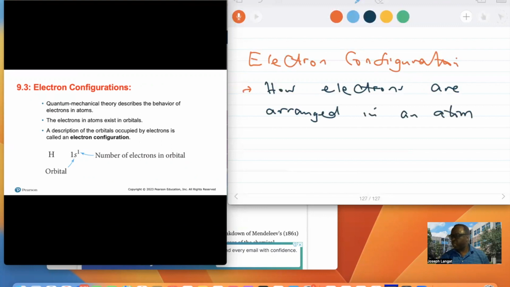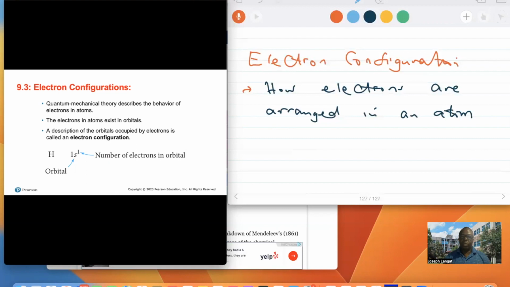There is a pattern in which electrons occupy the energy levels we talked about in chapter 8, principal energy levels, level 1, level 2. Remember, I said that the energy of an electron is quantized based on the shell, based on the energy level it occupies.